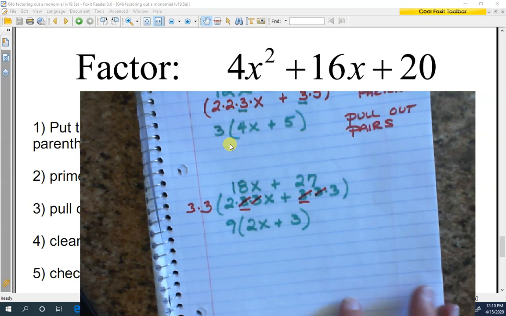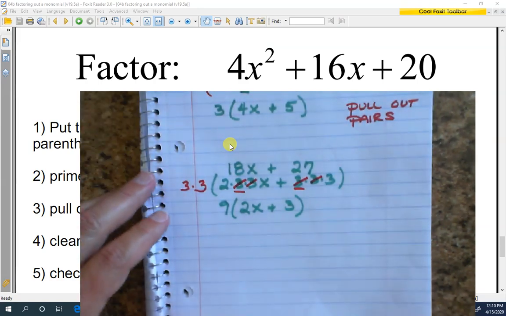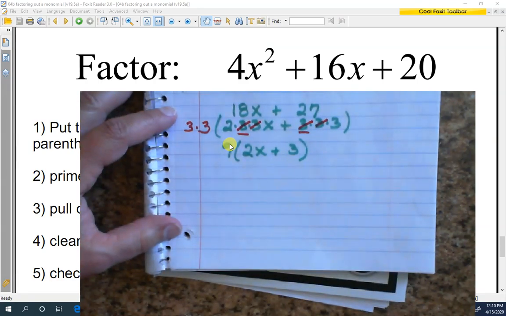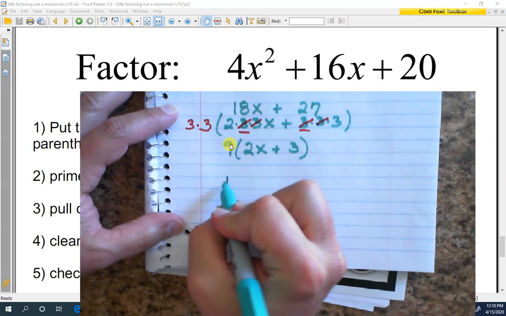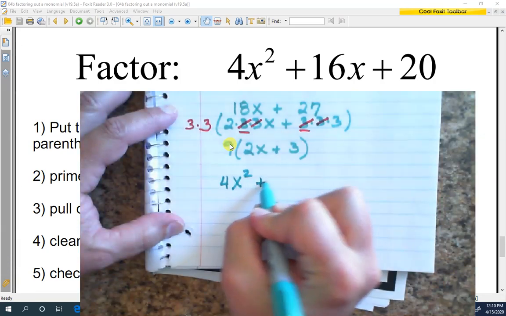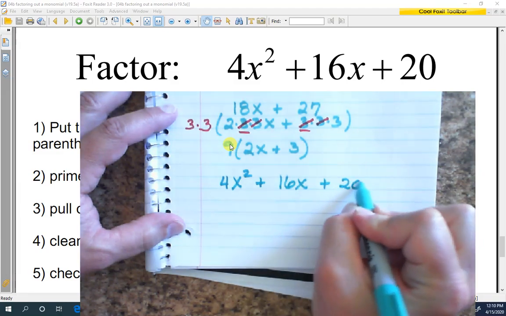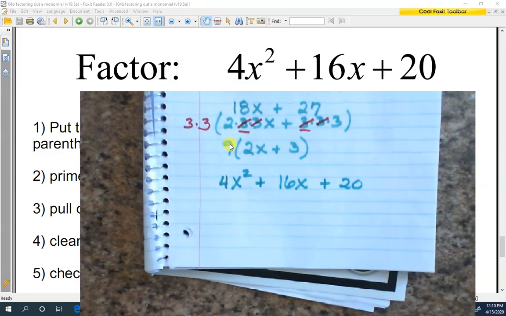So I have 4x squared plus 16x plus 20. So I'm going to lay out all the parts and pieces for this.